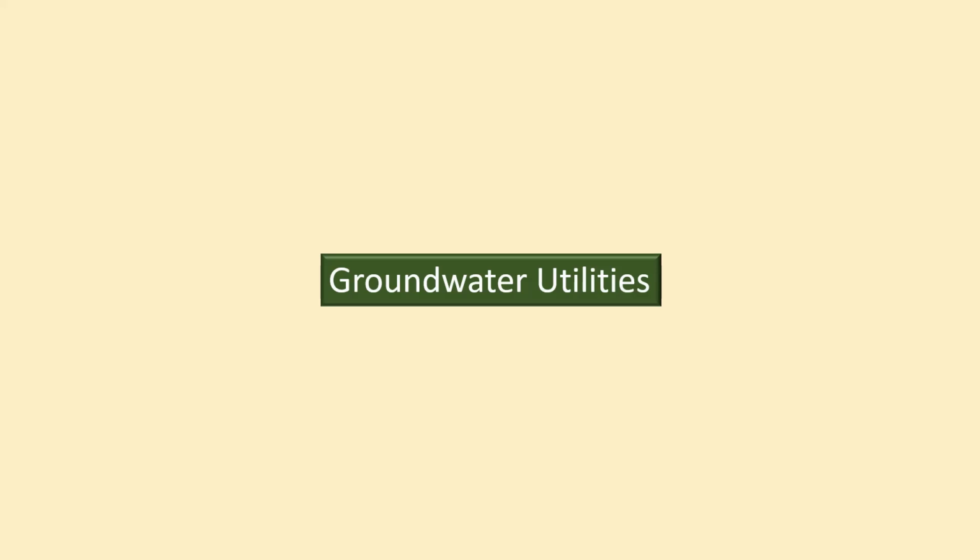Then there are two other completely different sets of utilities that can also be downloaded from the PEST website. The first of these suites were written to facilitate the use of PEST in groundwater model calibration.